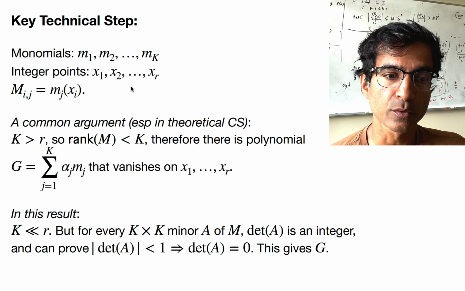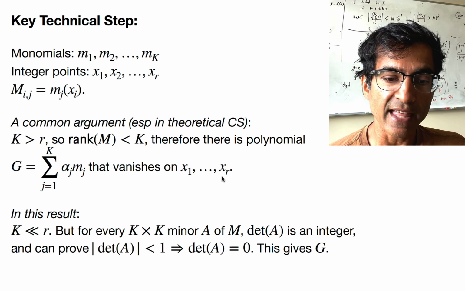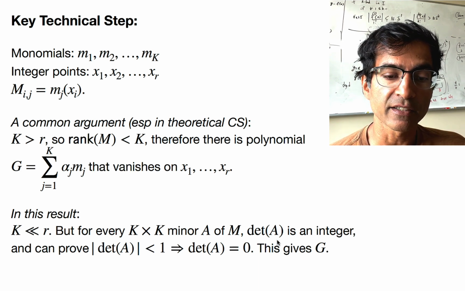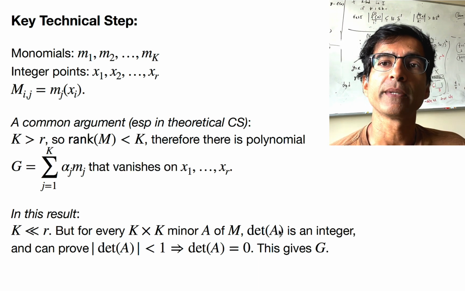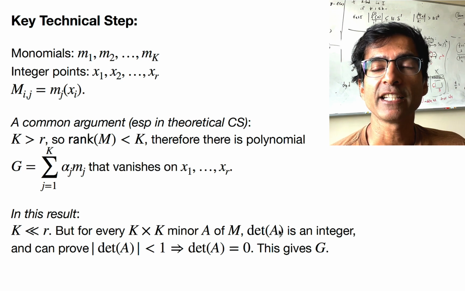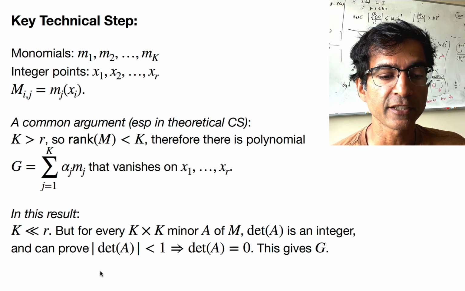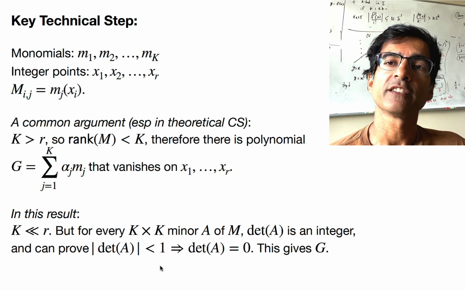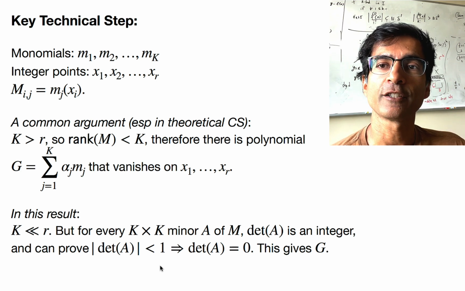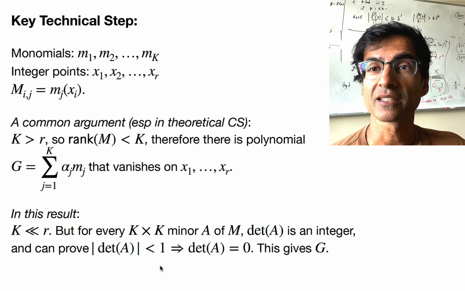In the proof, these will be integer points, and that means the determinant of this minor must be an integer. Further, we'll be able to control the magnitude of the determinant. We'll be able to show that the magnitude of the determinant is less than 1. And if you have an integer whose magnitude is less than 1, then it must be the 0 integer.